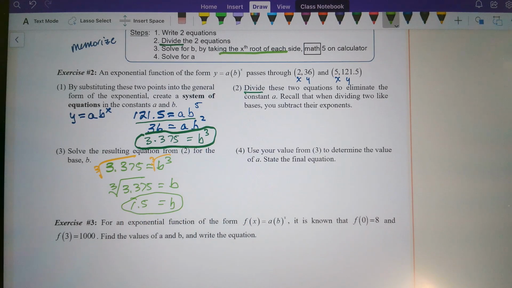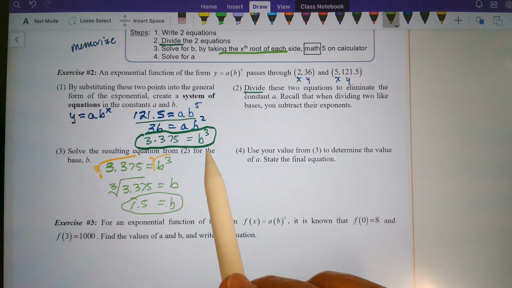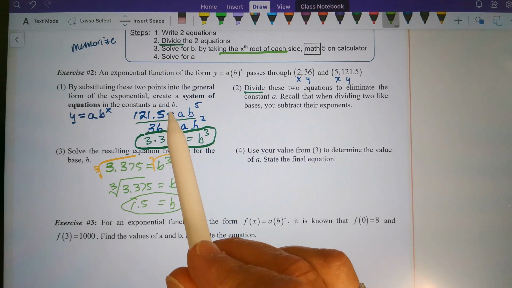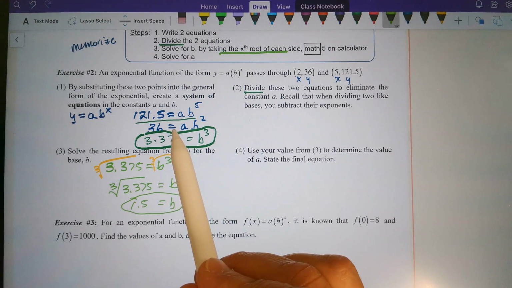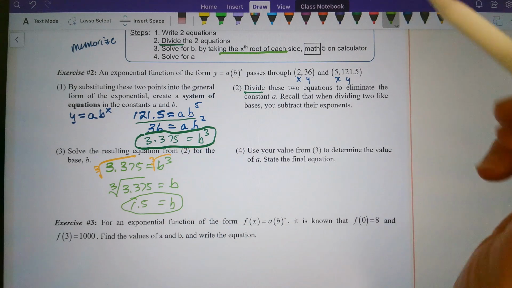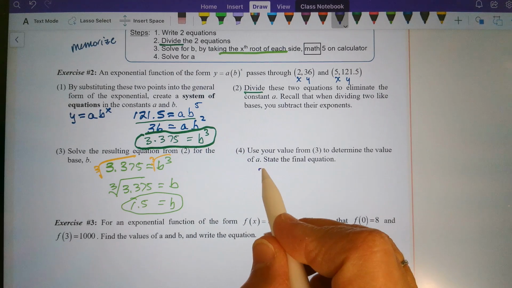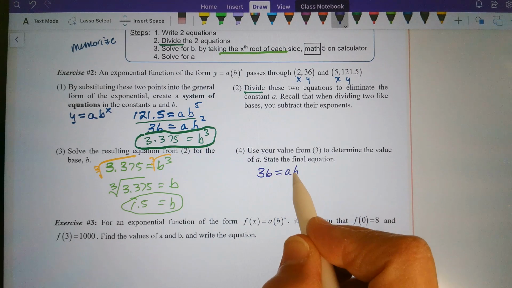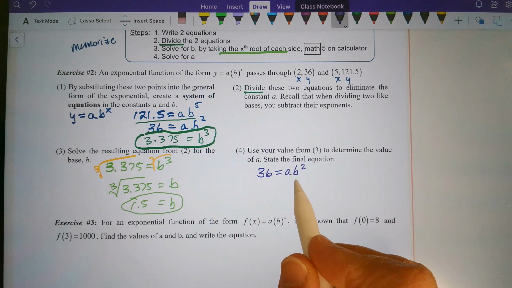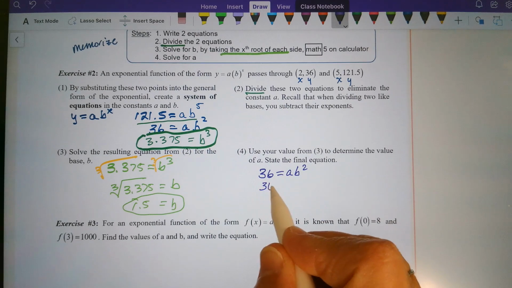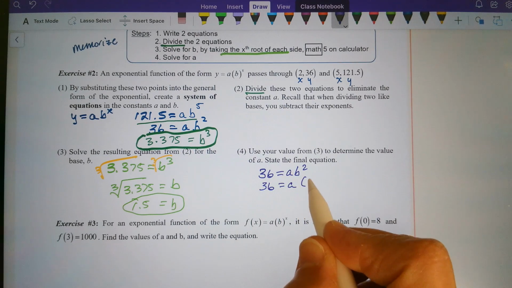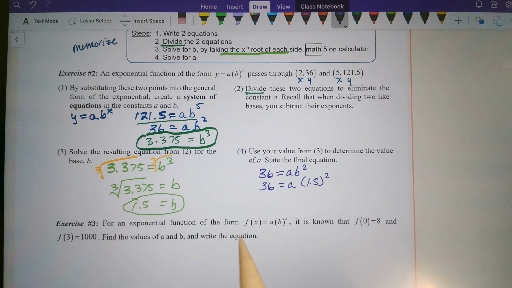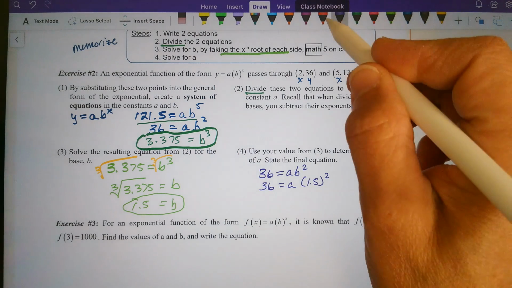Now use our b value to determine the value of a by going back to one of the original two equations in step 1 here. So I'll go back to the 36 equals ab squared and replace b with 1.5. We want to get a by itself. Right now we have a times 1.5 squared.